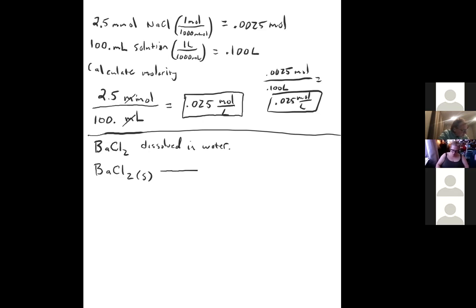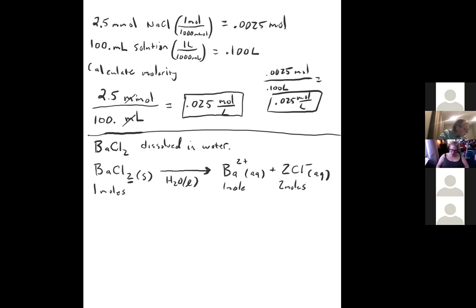So when you dissolve it into water, it breaks up into separate ions. So you get a barium ion, but notice there's a 2 there. So you get 2 chloride ions. Right? So that has an effect in terms of what's actually in the water. Every time you dissolve 1 mole of barium chloride, you get 2 moles of chloride and 1 mole of barium.